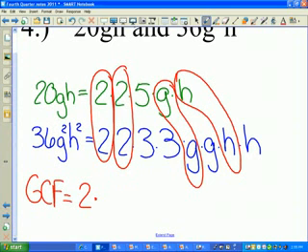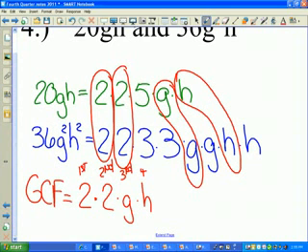So it's my first group, which is my 2. My second group, which is the other 2. Then we have my G, which is from that third group. And then lastly, I have my H, which is from my fourth group.